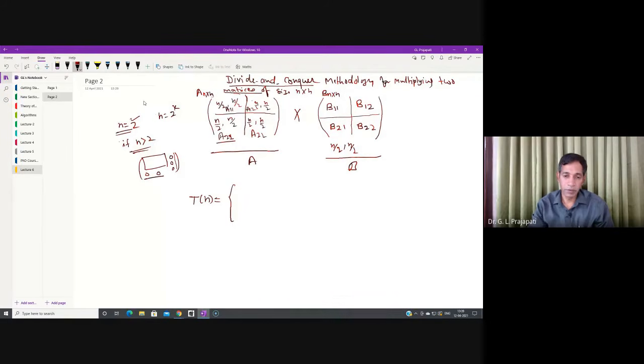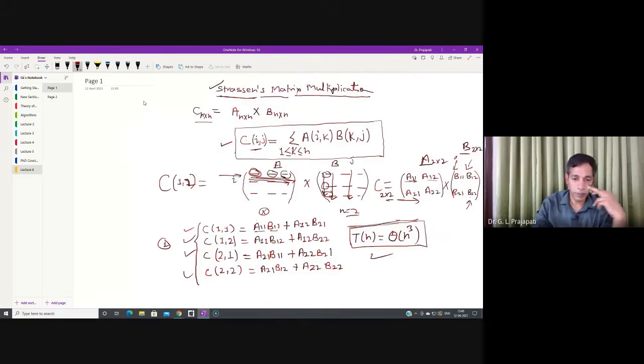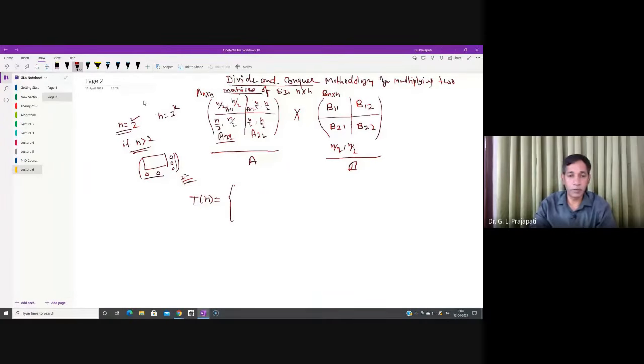If n is equal to 2, if you just have the 2 by 2 matrix, then you require 8 multiplications plus 4 additions. The total operations you require is 8 multiplications plus 4 additions, which means 12. So when n is equal to 2, you need this many operations.